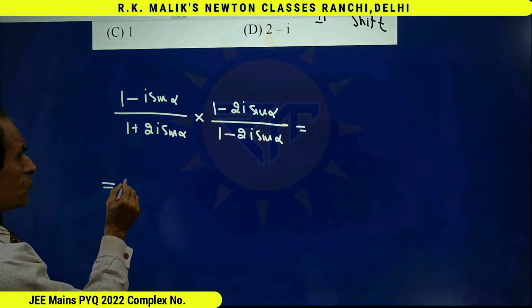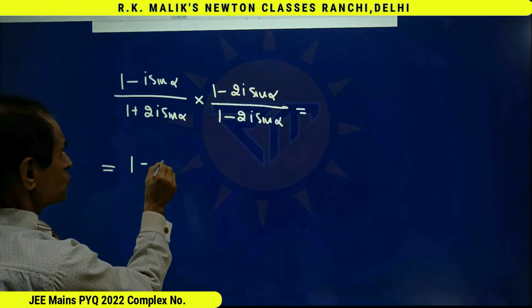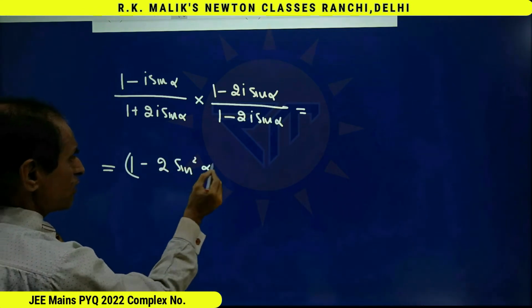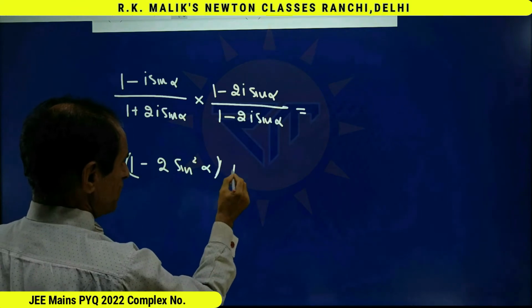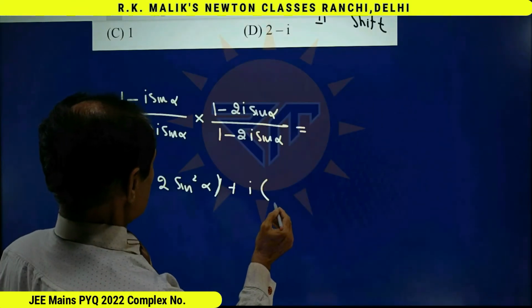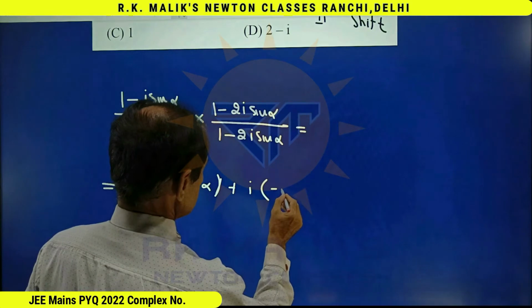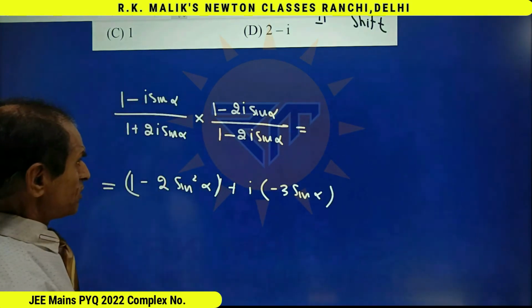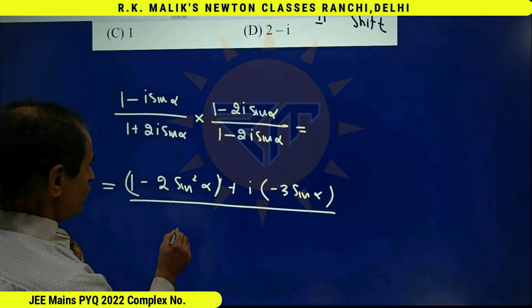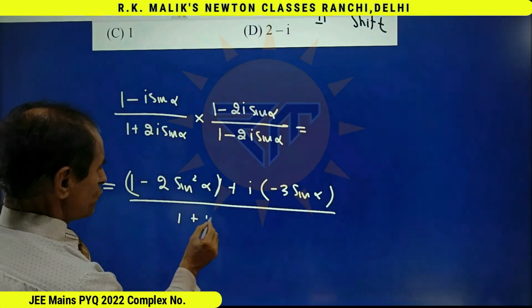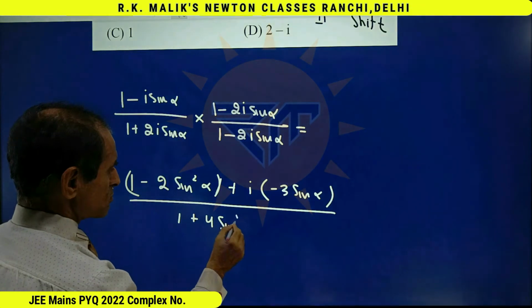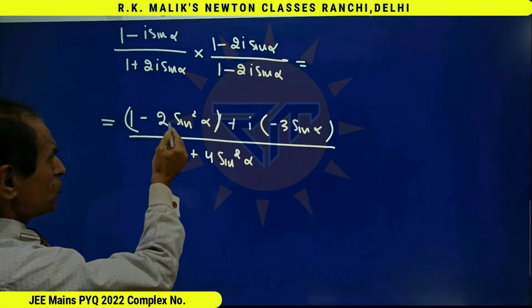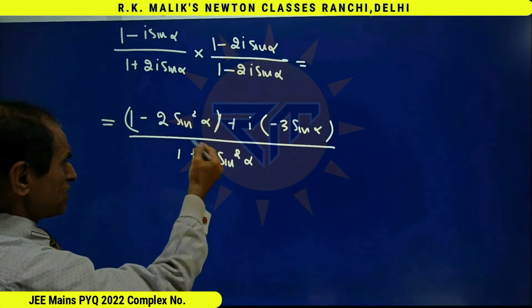This is equal to 1 minus 2 sin square alpha plus i times minus 3 sin alpha upon 1 plus 4 sin square alpha.